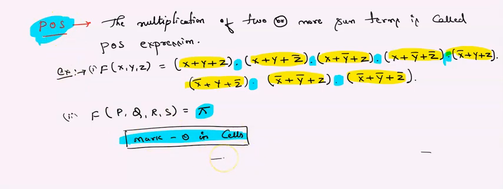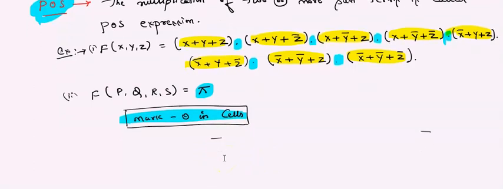So how can you identify whether it is SOP or POS? Very simple, they may give you sigma.